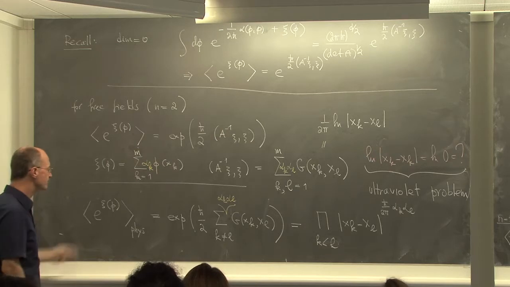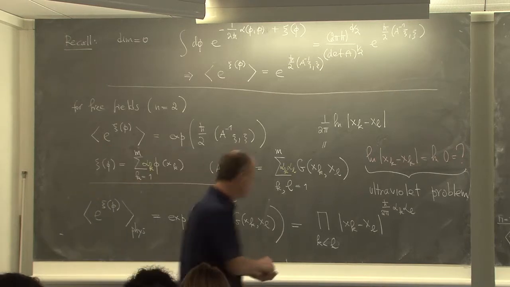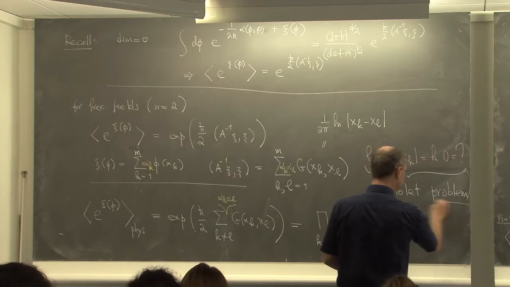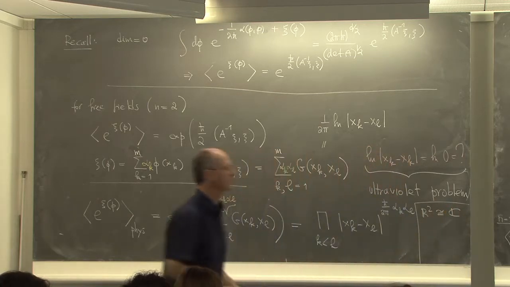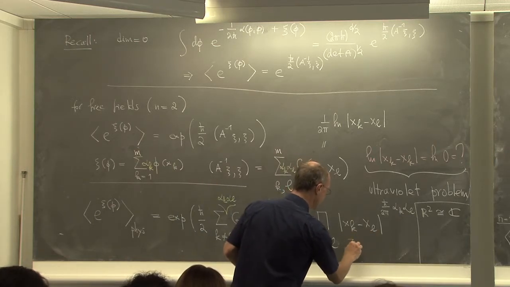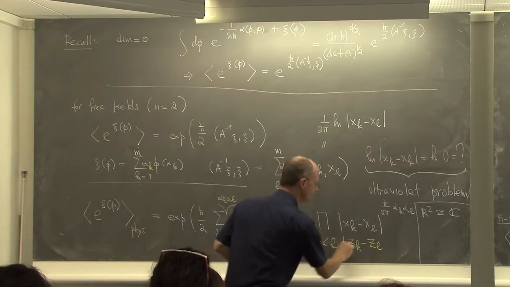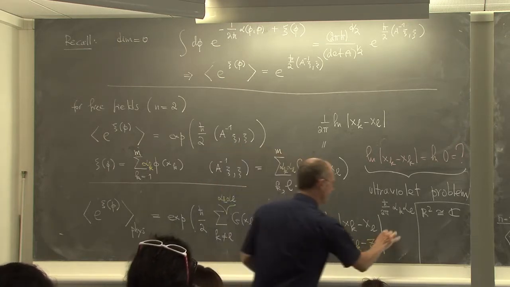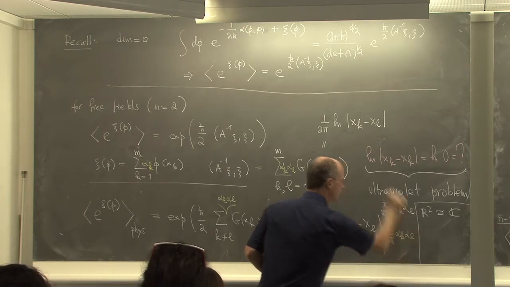So this is a nice function of coordinates on a plane. Perhaps one more remark before we do conformal field theory. Sometimes it is convenient to identify R2 with a complex plane, and then instead of xk and xl, I will write zk minus zl. The absolute value of zk minus zl is still the distance between the points on the plane, and it is raised to the power h over 2 pi alpha k alpha l.